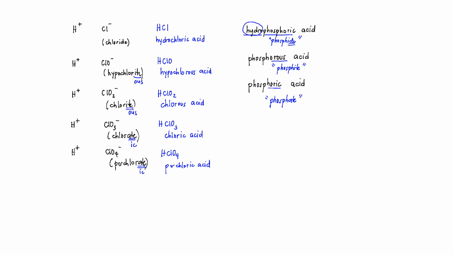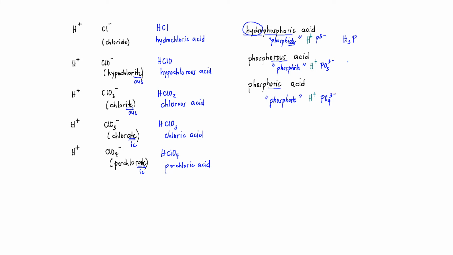And this one will be coming from P3 negative. This one would be from PO3 3 negative, that is the phosphite, and the phosphate would be PO4 3 negative. So if we will make it as an acid, we're gonna crisscross it with H positive, and therefore this will become H3P.